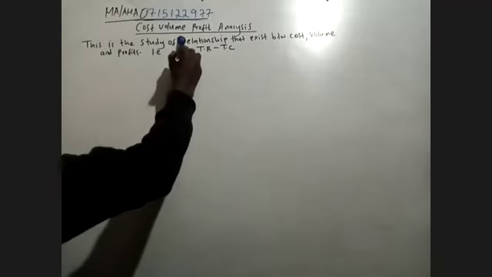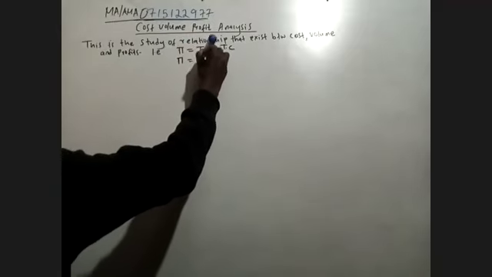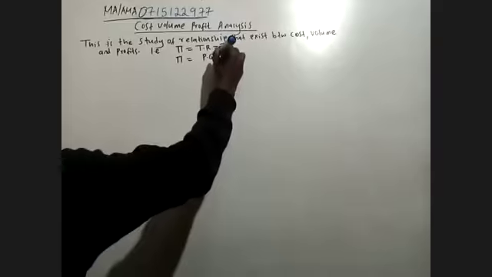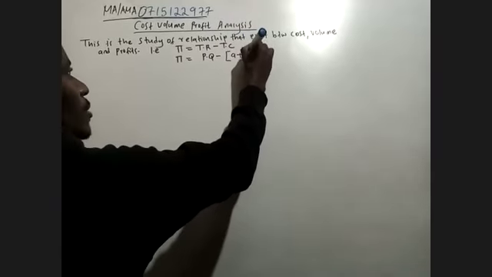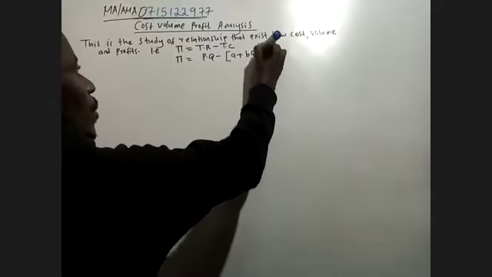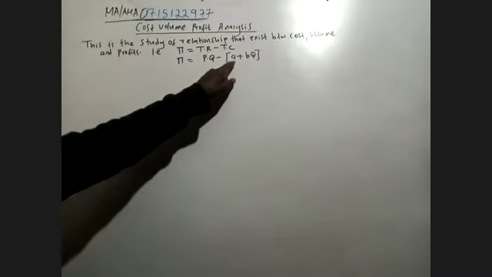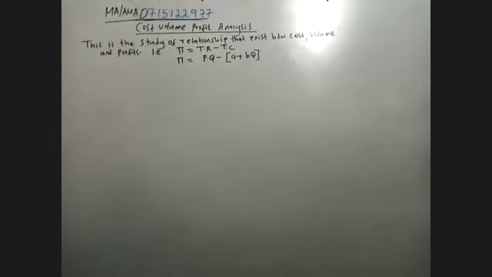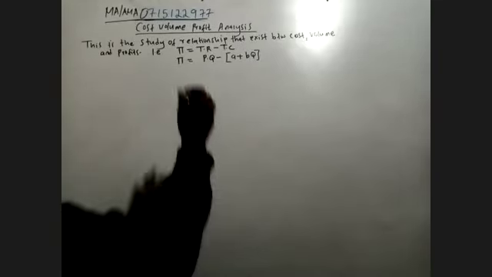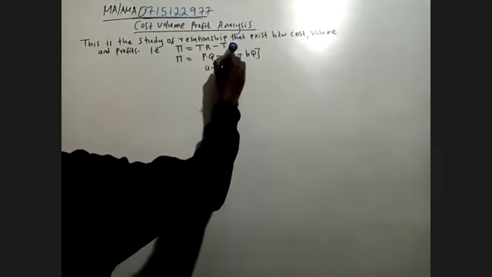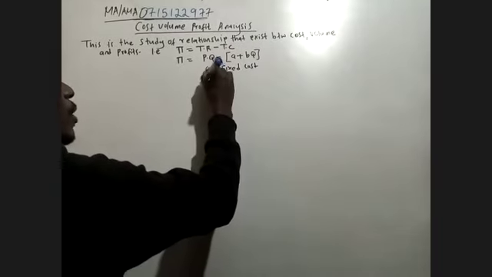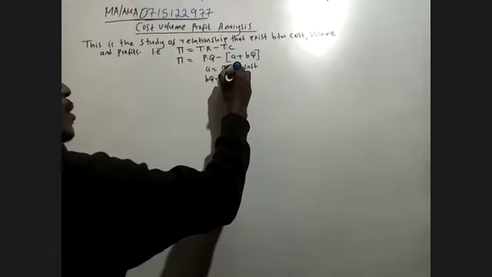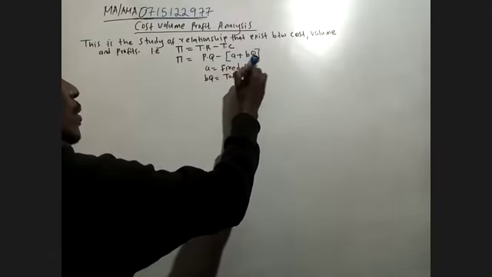Another example, we can say that profit is equal to P times Q minus (A plus BQ), where A is the fixed cost, and BQ is the total variable cost.